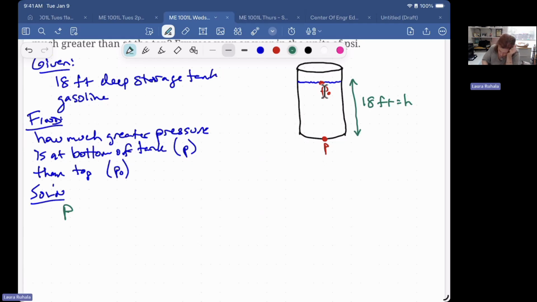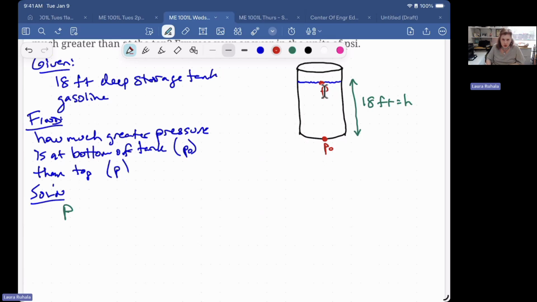My diagram's wrong. Okay, so I'm going to change this. The bottom of the tank is P naught. I thought it seemed strange. The top of the tank is P. And over here, I'll change that too. Sorry about this. So P naught is at the bottom. P is at the top, or any part that you care about, and P naught is at the bottom.